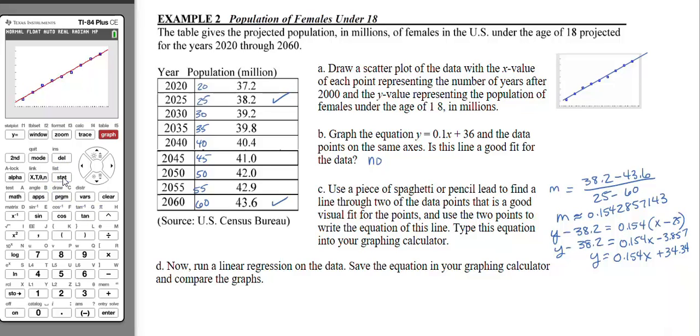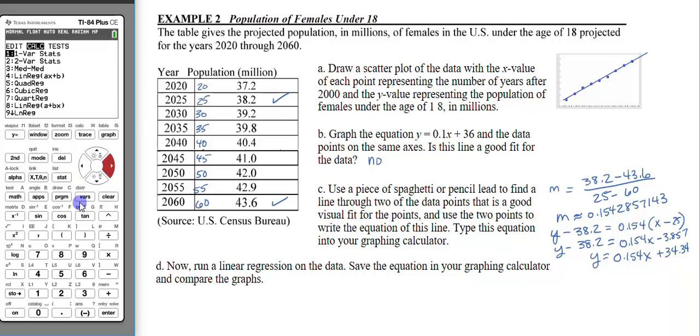So we're going to go into the stat menu, and this means that you're working with the stats that you have entered into list 1 and list 2. We're going to scroll to the right to the calculate menu. You see that the line regression ax plus b is option 4.